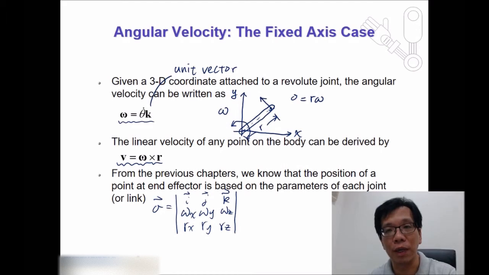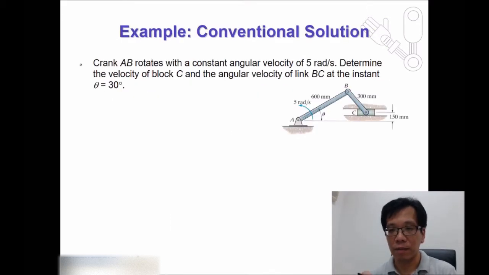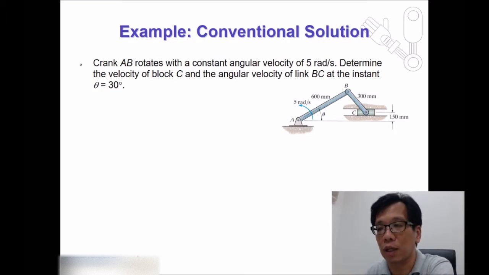Before we move on to Jacobian, let's take a look at the traditional way of getting velocity. This is a very typical problem you might encounter in dynamics. We have the crank AB that rotates with a constant angular velocity of 5 radians per second. We want to determine the velocity of block C and the angular velocity of link BC at this instant when theta equals 30 degrees.